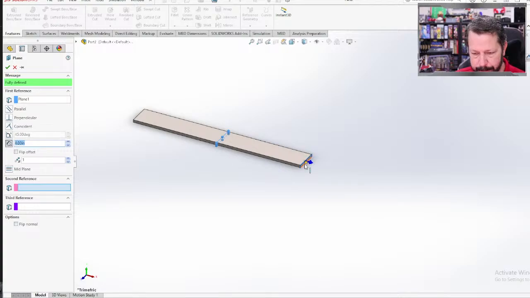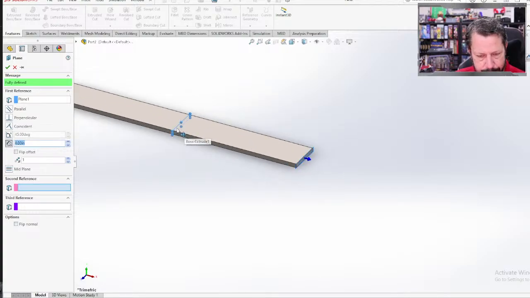I'm going to make 2 more of these planes. Same reference. Actually, I think it used this plane I just used as the reference. I want this one to be 3.5 inches. So it's kind of a 1/2 inch in. That's not super important, but this is representing where the supports are going to be. That first plane is going to represent where the load is going to be.